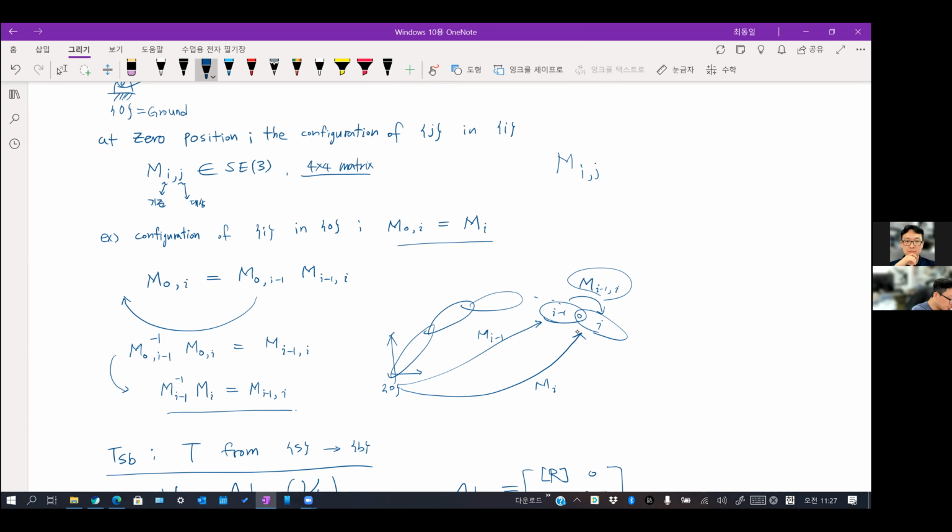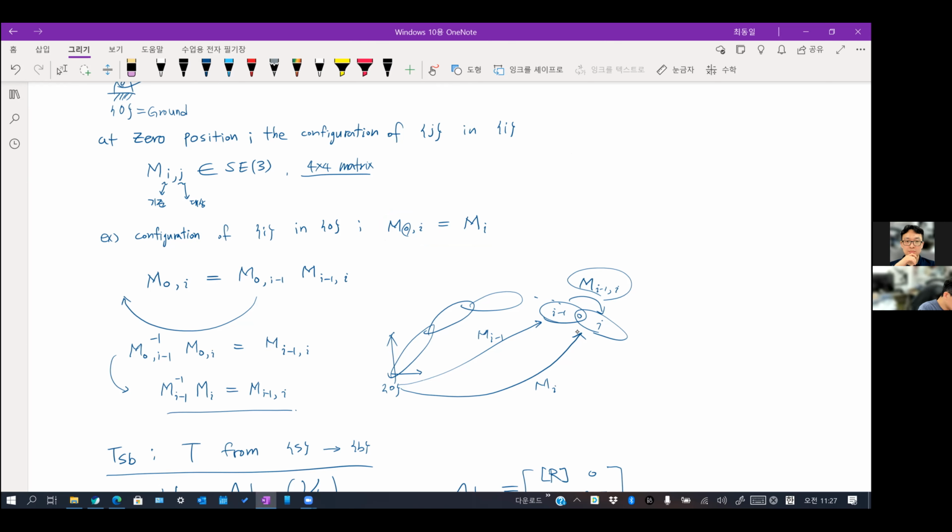If the i frame is equal to 0, then we can express it like this. In that case, we can just ignore this 0 value, so we simply write it like this. If the base frame is ignored, we can assume the base frame is the 0 position, 0 frame.